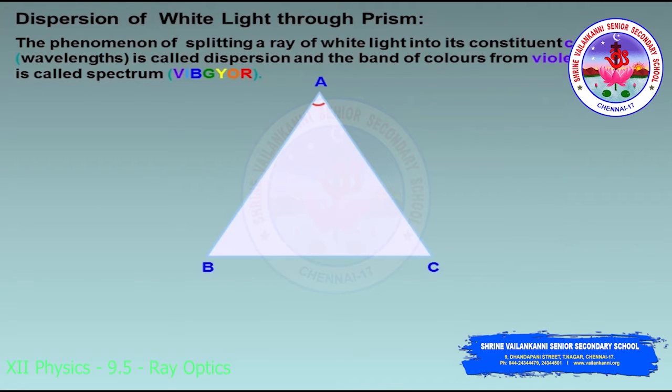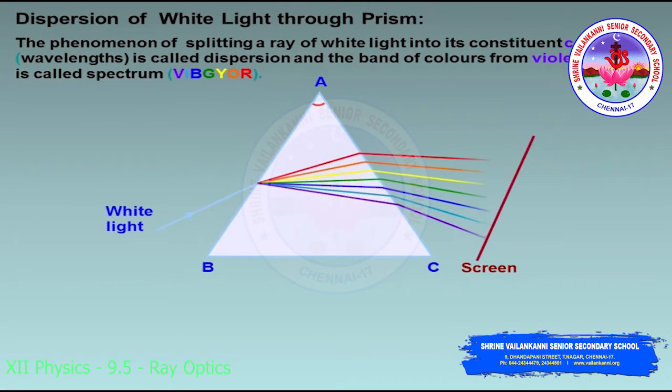White light consists of a continuous range of wavelengths. When it passes through the prism, it splits into the component colors, which range from 400 nanometer to 700 nanometer.